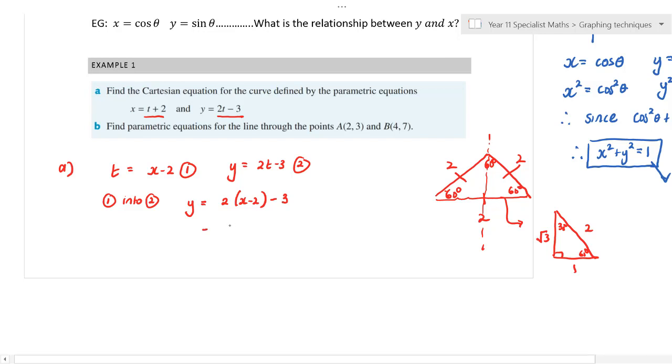So therefore that's equal to 2x minus 4 minus another 3, which is minus 7. Is that our Cartesian equation? Find the Cartesian equation for the curve.